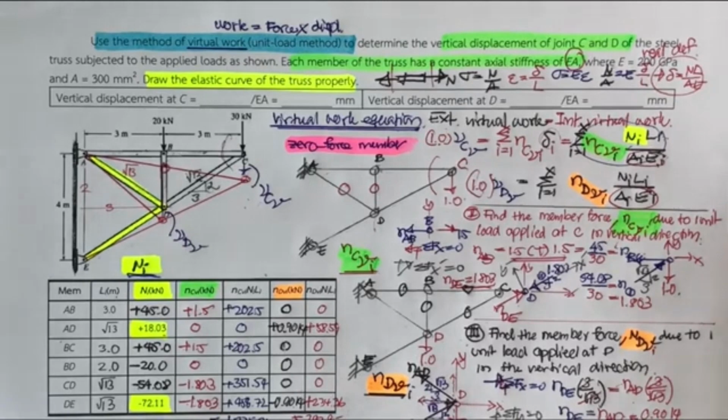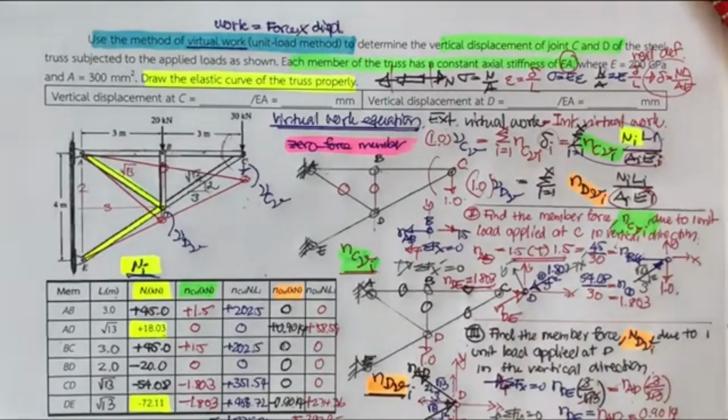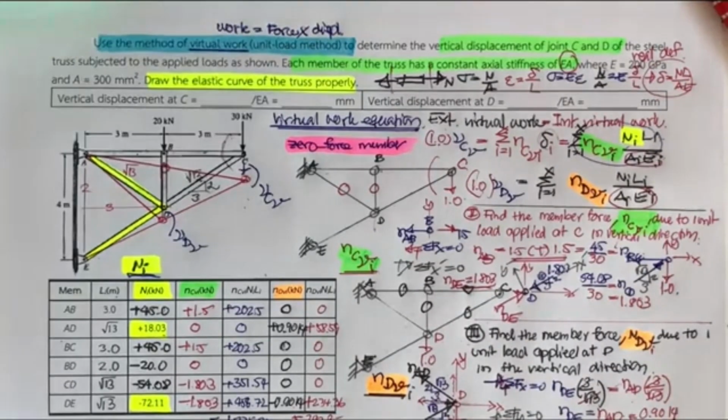Sometimes it's not easy to assume the maximum deflection, and then you need to compute many times to get the appropriate result. Anyway, it's better than the conjugate beam, because the conjugate beam is only used to analyze the deflection or the slope of the beam.